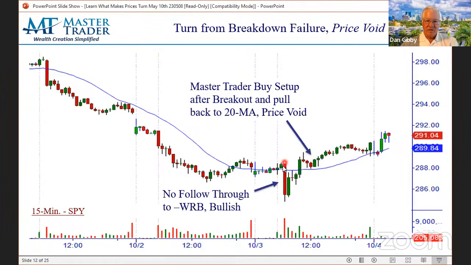I'll tell you why. Nasty red bar. I remember this day. It was some economic news at 10 o'clock a.m. Spiders tanked on a 15-minute chart. Guess what? We have a concept of no follow through to this red bar. It slowly chugged its way up.